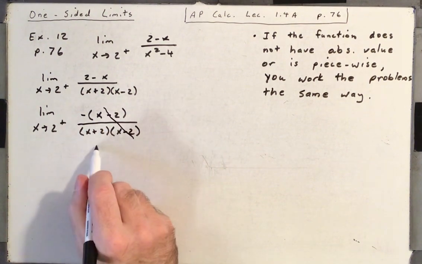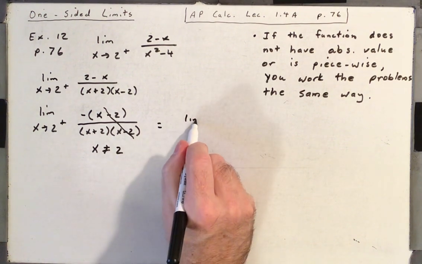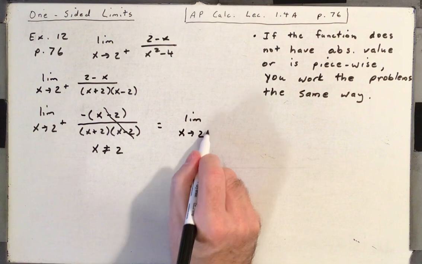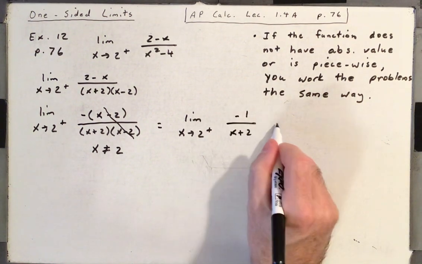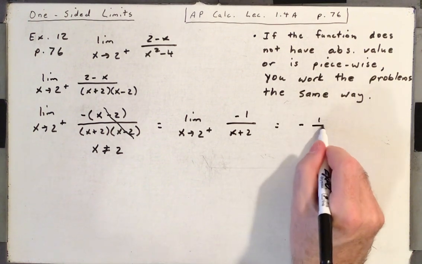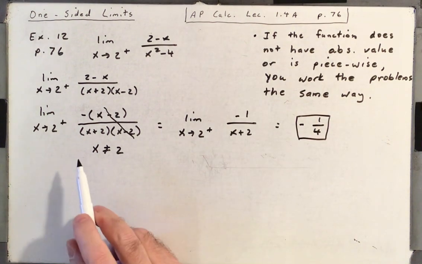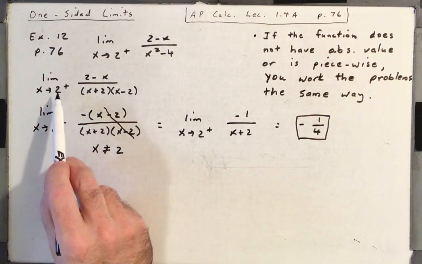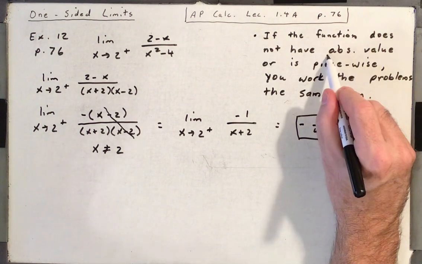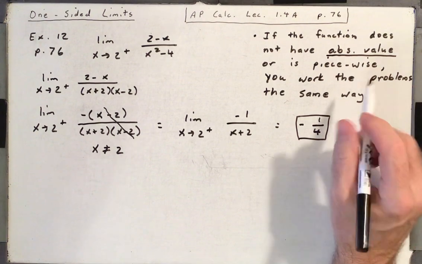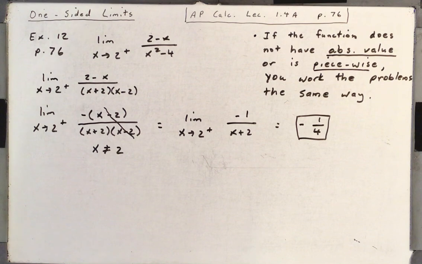The x minus 2 will cancel as long as x does not equal 2. And then you could take the limit as x approaches 2 from the right of negative 1 over x plus 2, and that's going to be negative 1/4 when we can now plug the 2 in. So no difference. If you did 2 from the left, you'd get the same exact thing. Okay, there's no difference. It's only when there's an absolute value symbol in the problem or it's a piecewise function that we have to do things any different.